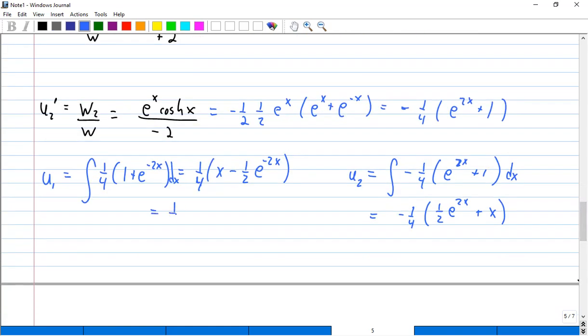Alright, so that's 1/4 x minus 1/8 e to the negative 2x. And that is negative 1/8 e to the 2x minus 1/4 x. So that's my u sub 1 and my u sub 2.